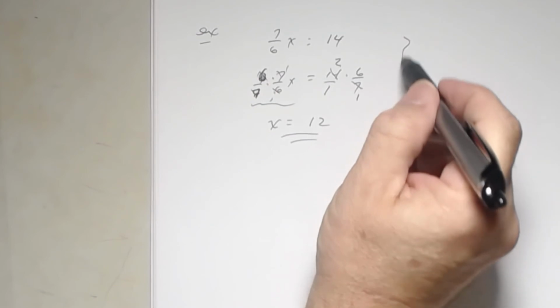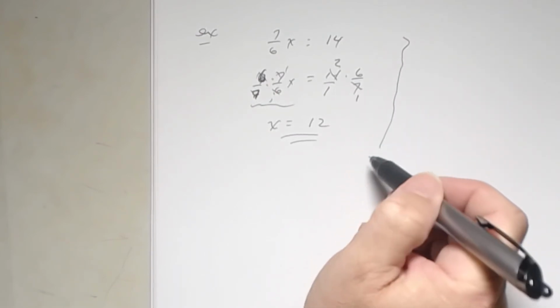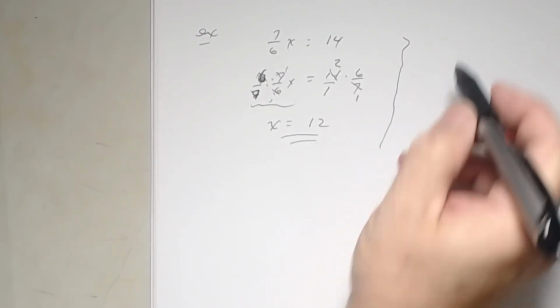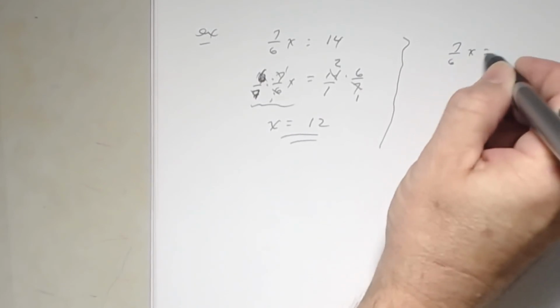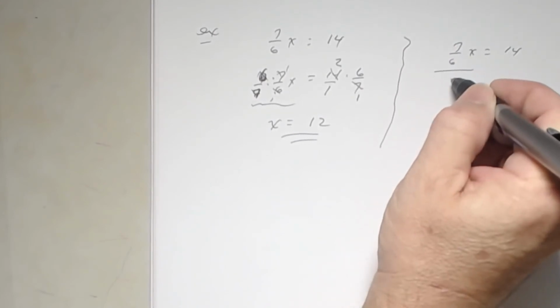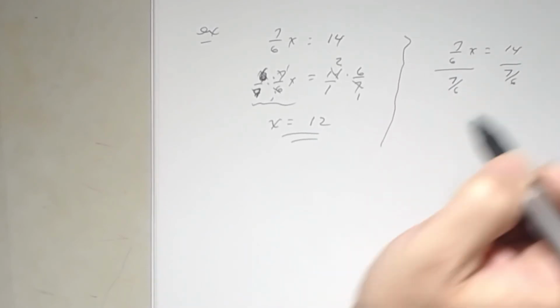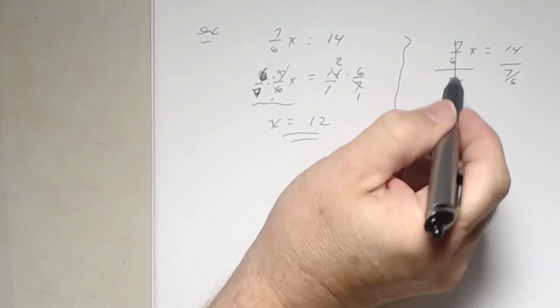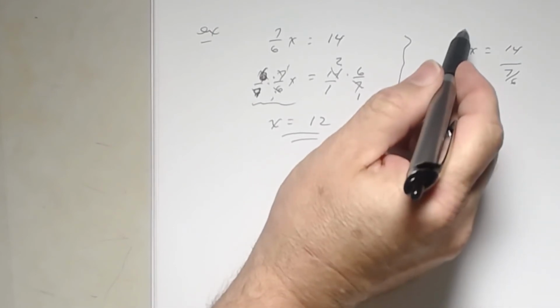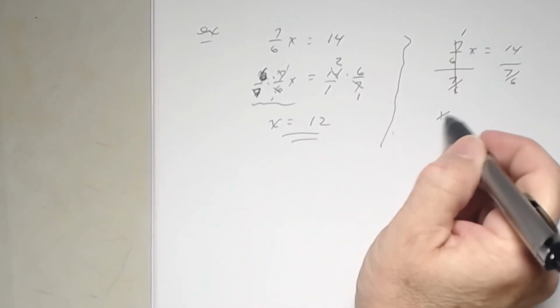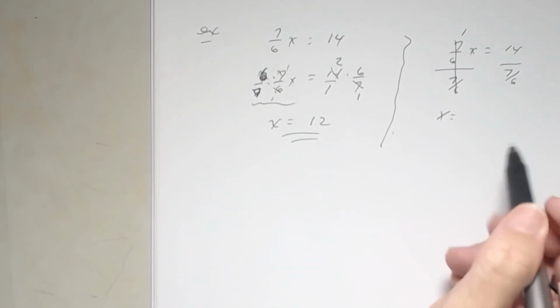Okay? The other approach you could have taken, instead of multiplying both sides by the reciprocal, was to divide both sides by what? 7/6. And so 7/6 divided by 7/6 is what? 1. 1 times x is x. All right, now let's think about this side right here.